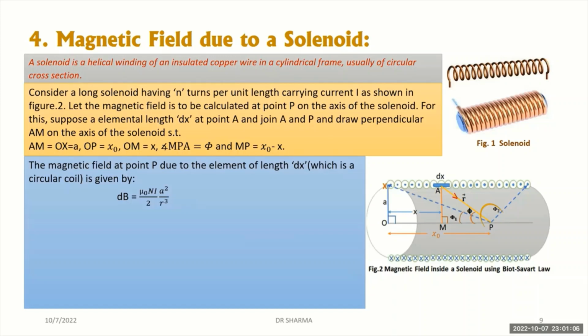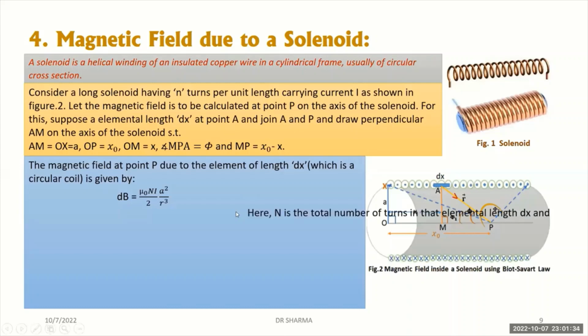In that case, this expression represented the total magnetic field, but here that circular coil is only an elemental length of the solenoid. So we write here dB. In this case also, we convert variables and integrate to get the total magnetic field.